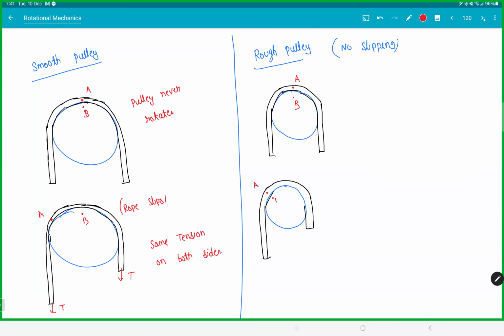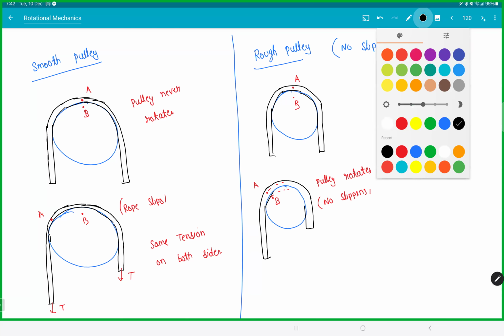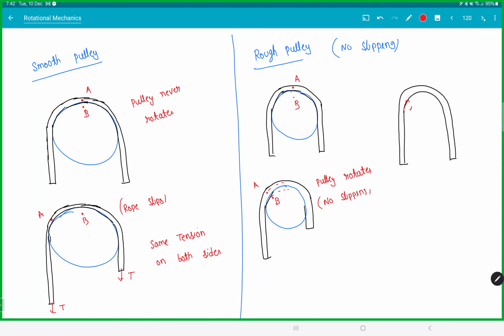If this is A, this is B. So if you see, both have rotated. Pulley rotates. There is no slipping. And because of this, now if you look at the FBD of the rope, there is a friction on the rope.